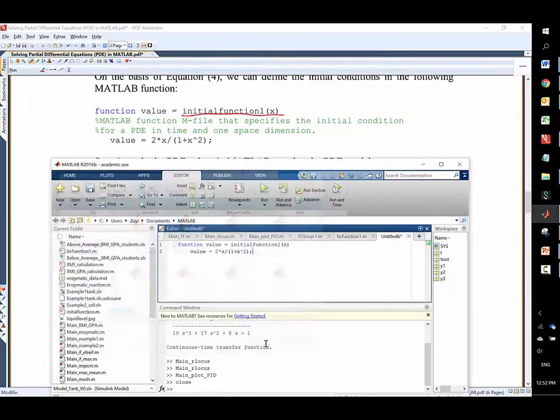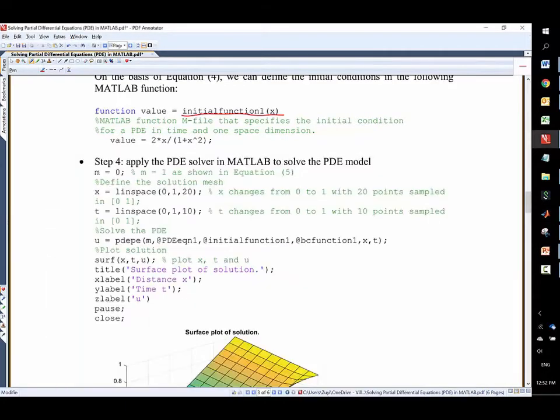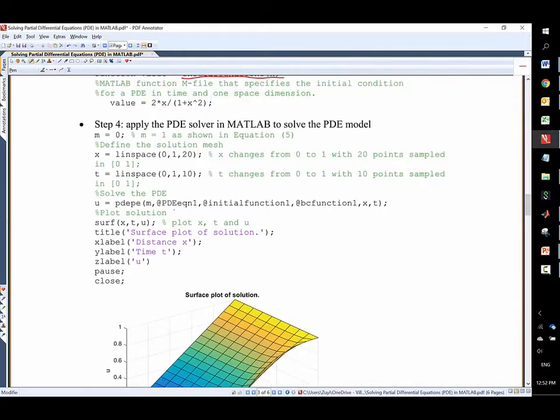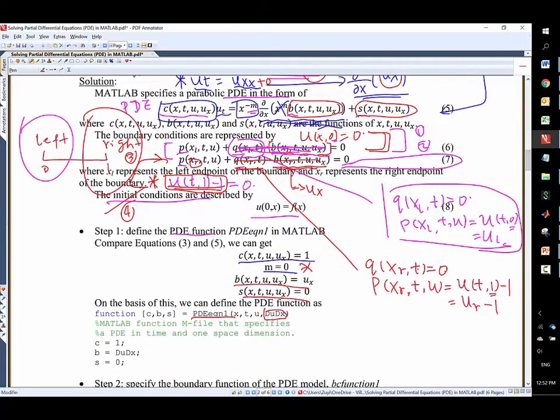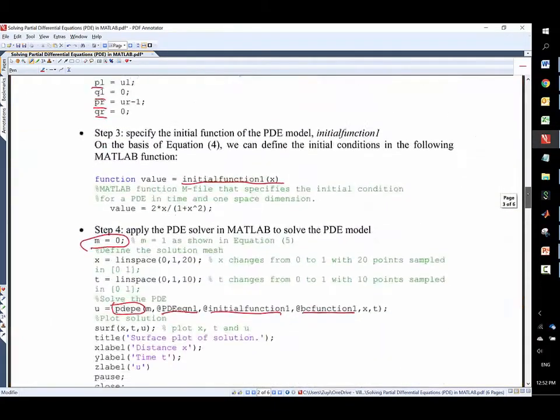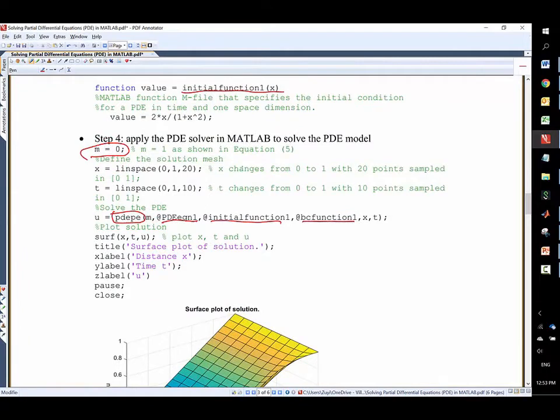So save it. Now after we define the PDE, initial condition, and boundary condition, we're going to use the solver to solve it. Before we do the simulation, we need m equal to 0. Remember, m here is equal to 0. And then we need to discretize the space and the time.